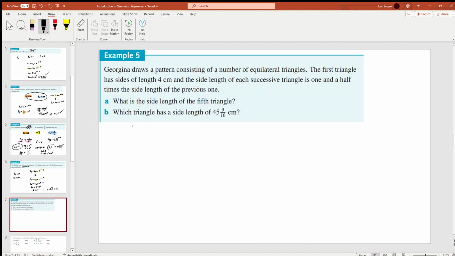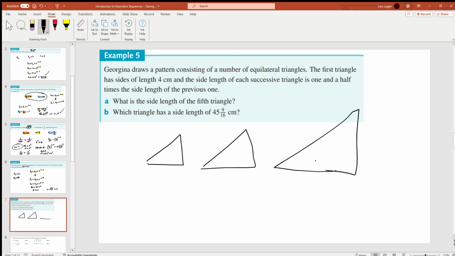Example 5. Georgina draws a pattern consisting of a number of equilateral triangles. The first triangle has side length of 4 centimeters, and the side length of each successive triangle is 1.5 times the side length of the previous one. So she's drawing triangles and they're progressively getting bigger.